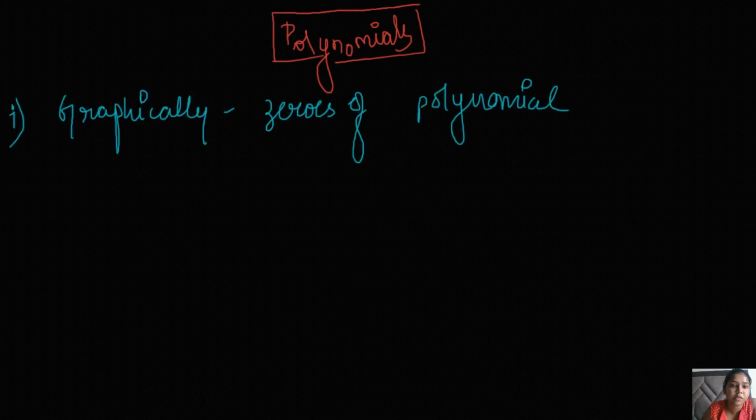So first thing we have to learn is graphically representing zeros of polynomial. Am I right? Second thing you should know here is zeros of polynomial and relationships. Only four topics are there.